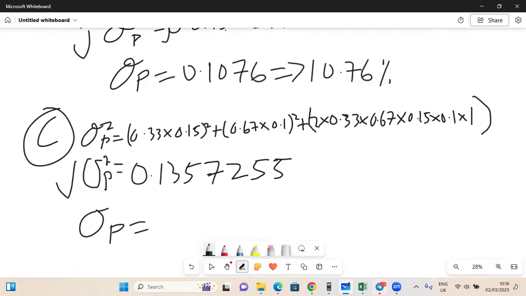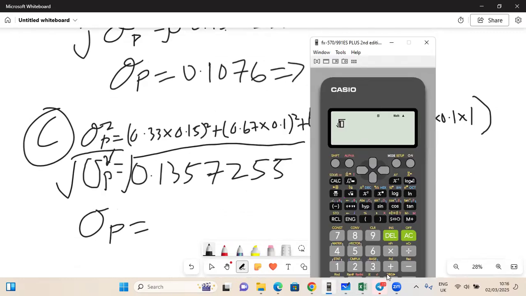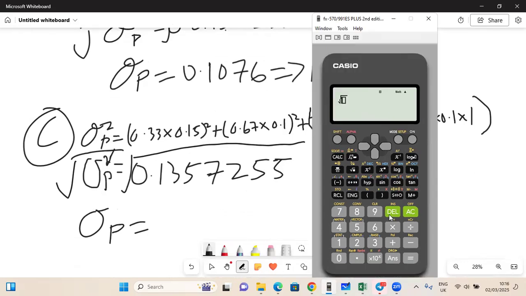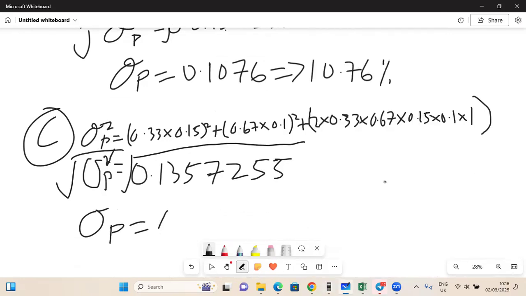We have to take the root. So when we take the root, what are we going to get? We're going to get 0.1165, equivalent to 11.65%.